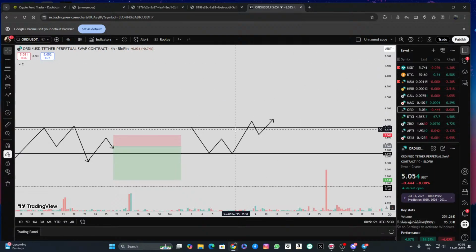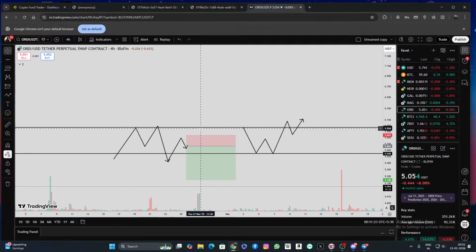Okay, so that's the double top and double bottom. And whenever a double bottom appears in a chart, always be ready for a reversal from a downtrend to an uptrend. Okay, remember, a double top always reverses from uptrend to downtrend, and a double bottom always reverses from downtrend to uptrend.